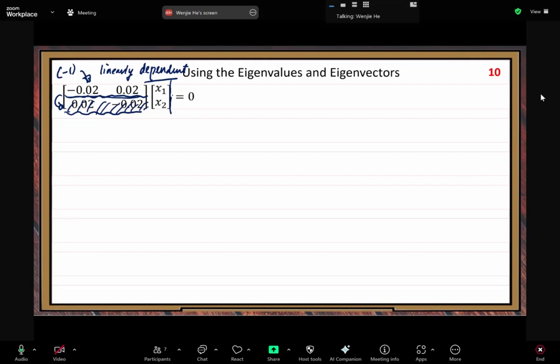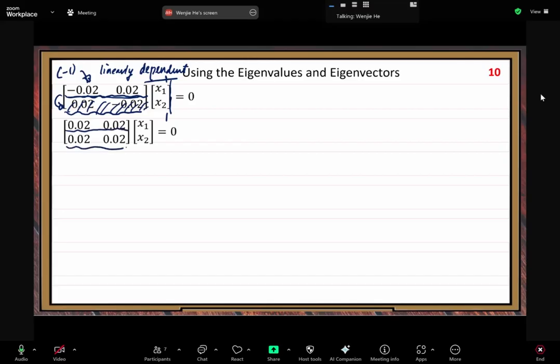So the simple solution: x1 equals 1, x2 also equals 1. 1, 1, you put there, these two numbers adding together equals 0. So that's your first solution.